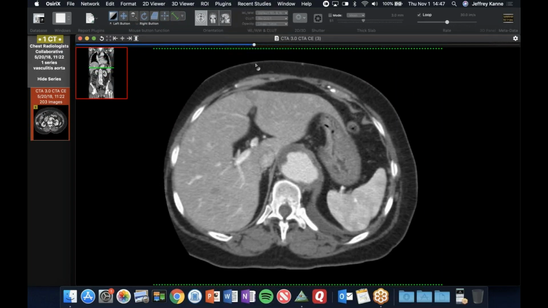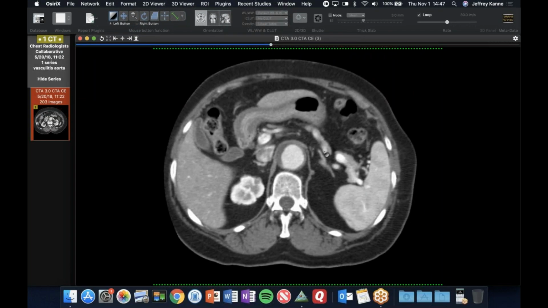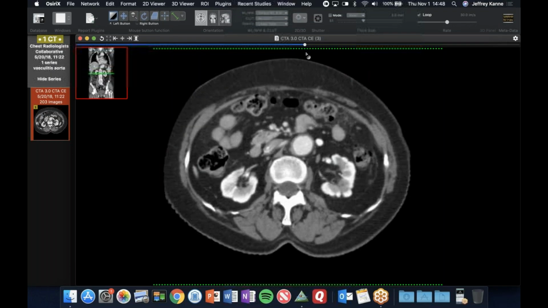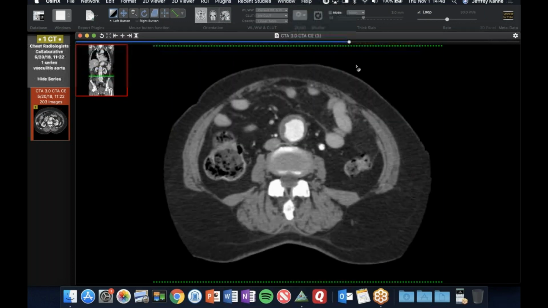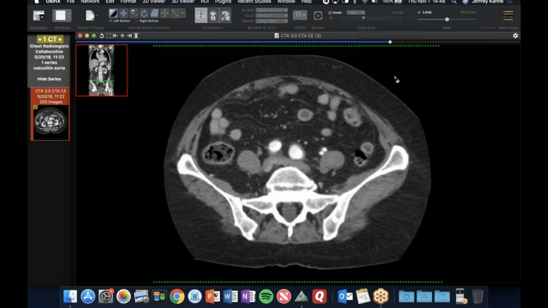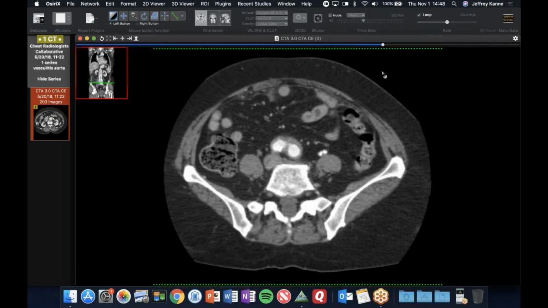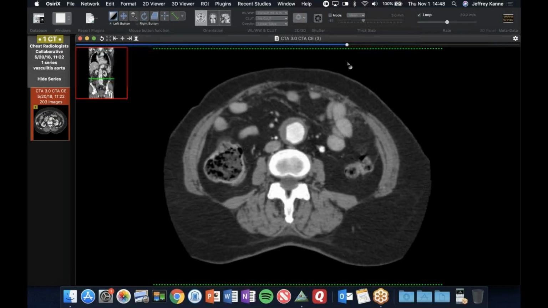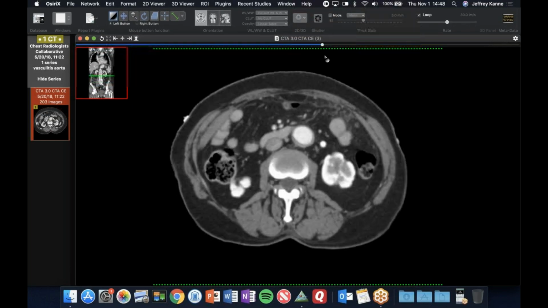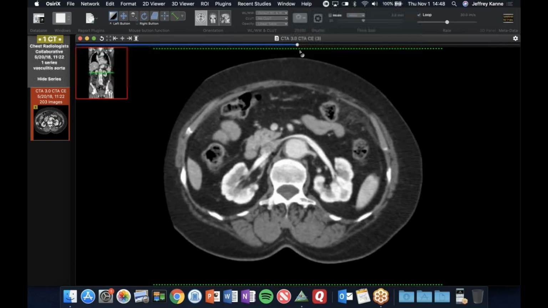I would argue that a lot of this is plaque, but even in the non-plaque areas, it's too smooth to just be circumferential atherosclerosis. You can see this wall thickening all the way down, just above the bifurcation. So, some sort of aortitis. In a 67-year-old female, we would be thinking of giant cell, which this turns out not to be.